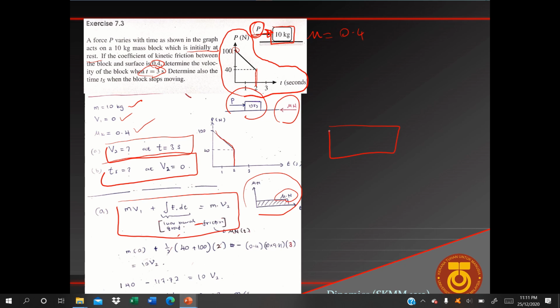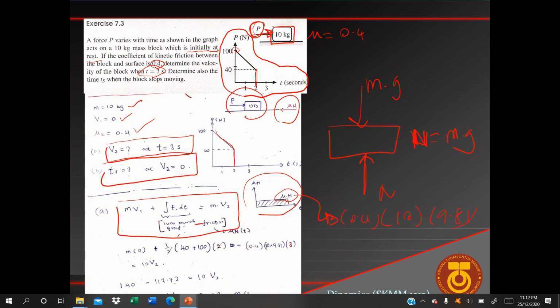We have this figure, this is mg, this is N, so N equals mg. It is a normal force. So mu N, of course mu is given as 0.4, so 0.4 times mg. Here is 0.4, m is given as 10, g is 9.81. If nothing is stated, you will use 9.81.